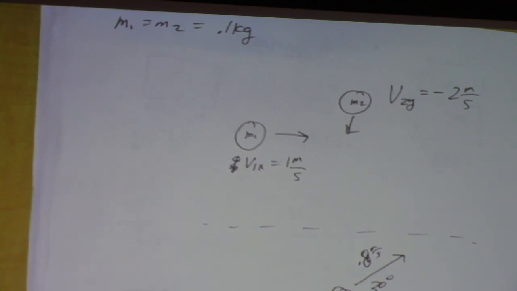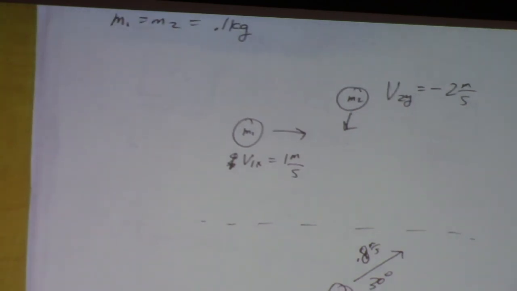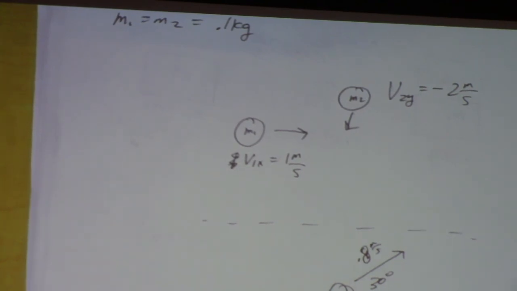The reason I say that is mass 2 has some momentum to the right, but it's not as big as this one's momentum to the right. So mass 1 is going to have some momentum to the right, and then some down momentum after the collision. So we have the same stuff before the collision, just to get an idea what's going on. Some momentum this way, some momentum that way. We don't know how much yet. That's what we have to figure out.